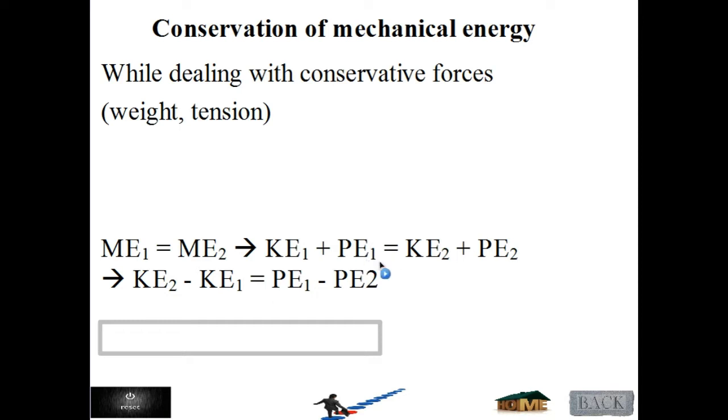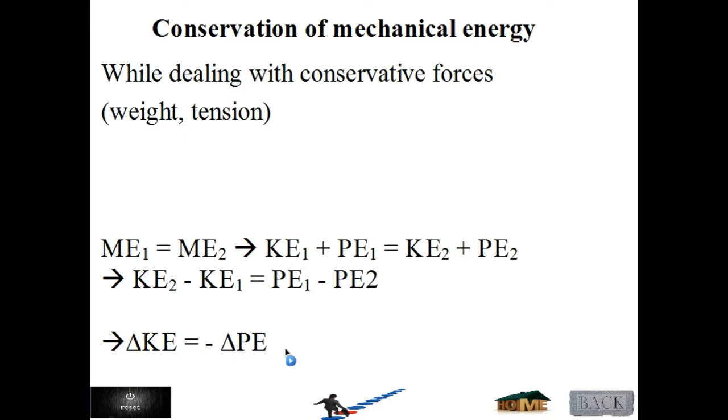So here final minus initial means delta kinetic energy, while here initial minus final means minus delta potential energy. So whenever the kinetic energy of the system is increasing, the potential energy of the system should decrease.